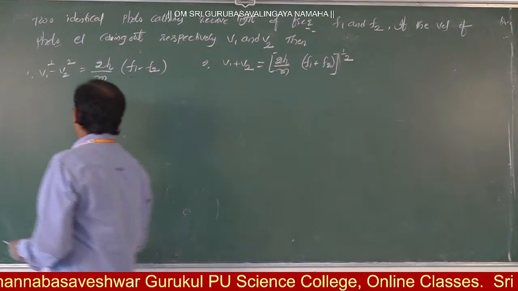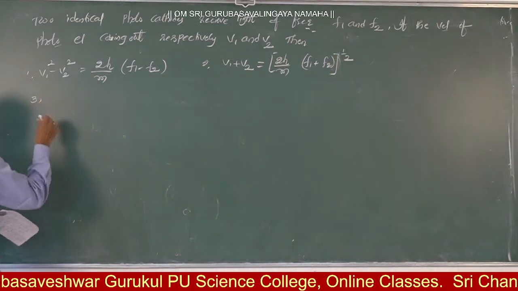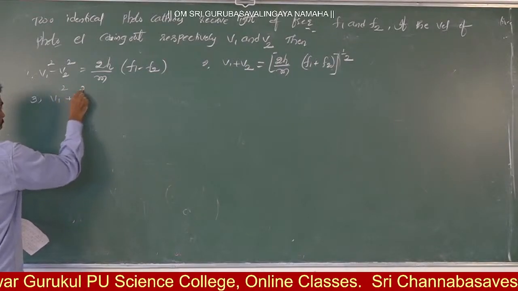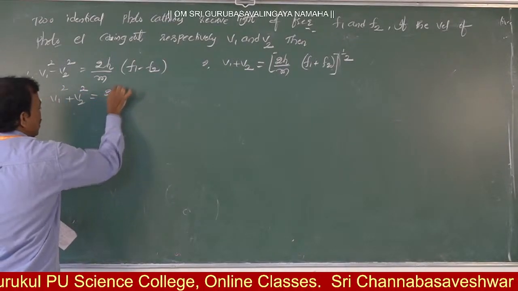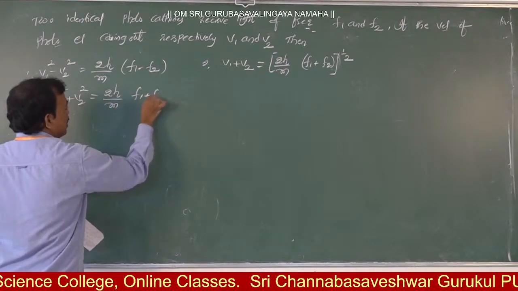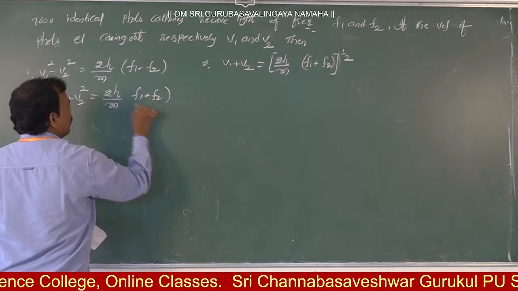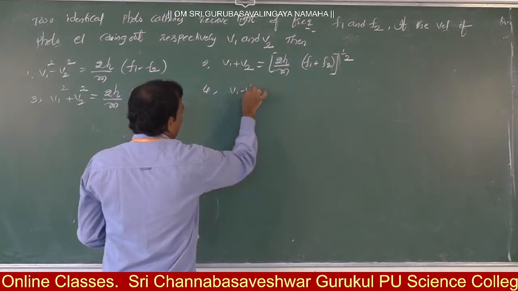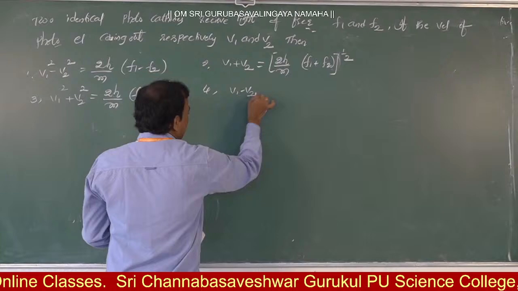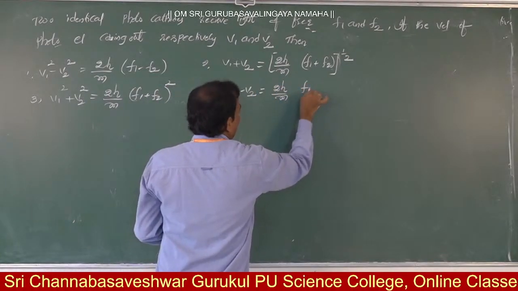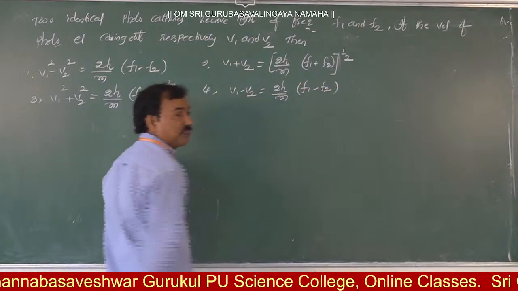Third option: V1 square plus V2 square is equal to 2h by m into (F1 plus F2) whole square. Fourth option: V1 minus V2 is equal to 2h by m into (F1 minus F2).